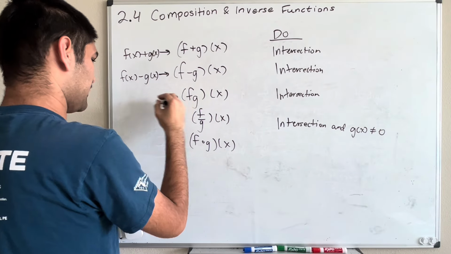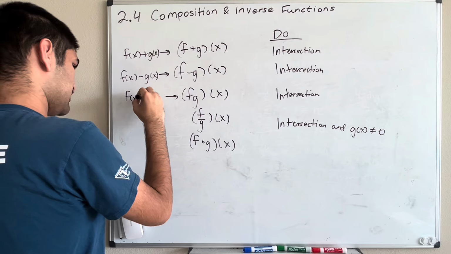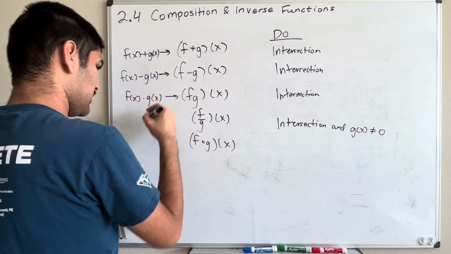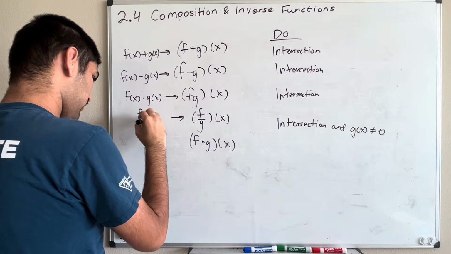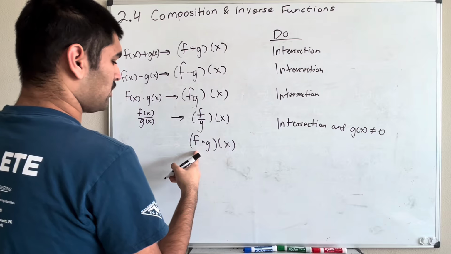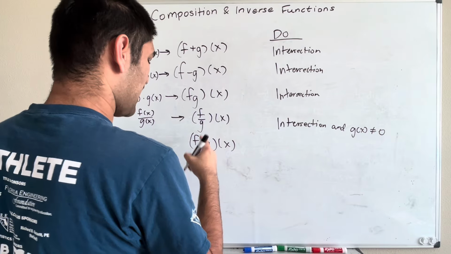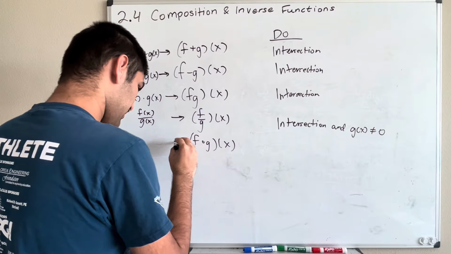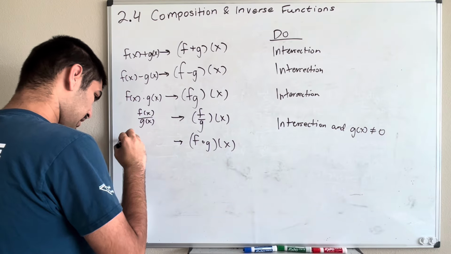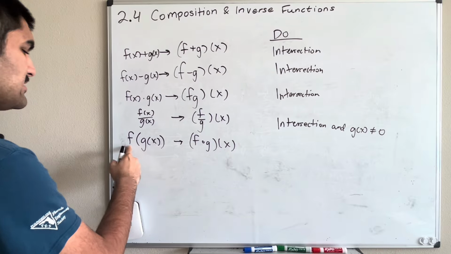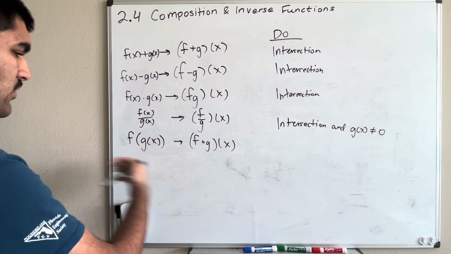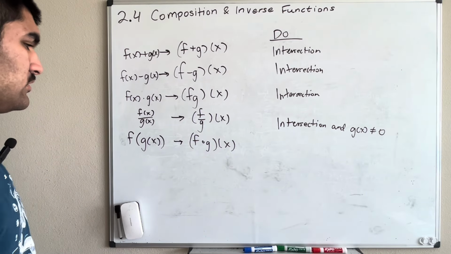This is multiplying them: f of x times g of x. This is dividing them. So those are the four basic ones. And then this one is saying f of g of x. Essentially you're giving the function g of x as input into the function f, and then you have to simplify from there.